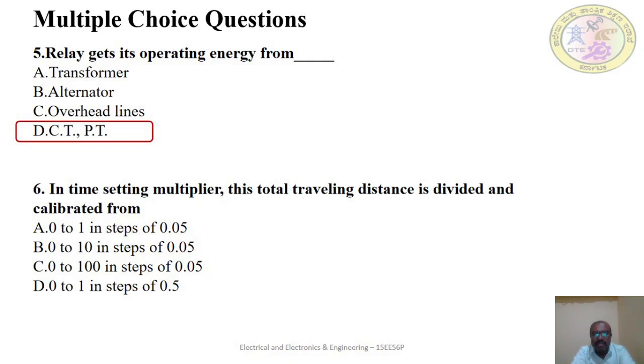In the time setting multiplier, what we discussed in the earlier slide, if the total travelling distance is divided and calibrated from, the options will be 0 to 1 in steps of 0.05, 0 to 10 in steps of 0.05, 0 to 100 in steps of 0.05, 0 to 1 in steps of 0.5. In the slide, we have discussed TMS, time setting multiplier. According to that, the time setting will be 0 to 1 in steps of 0.05. That is, the option will be A.